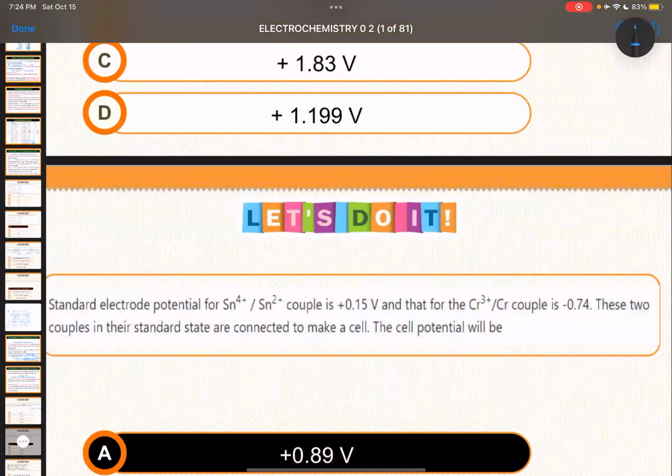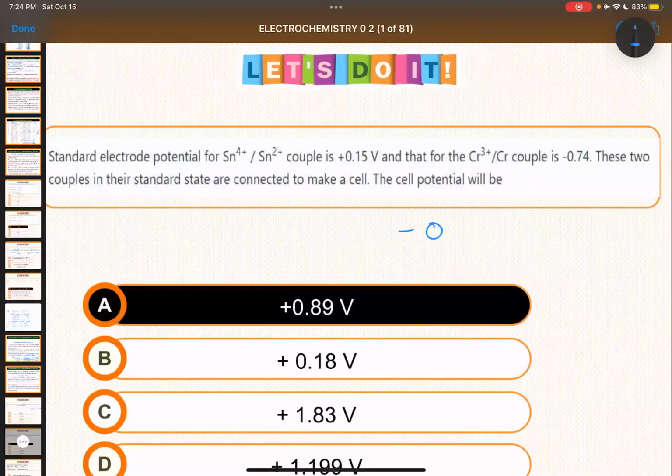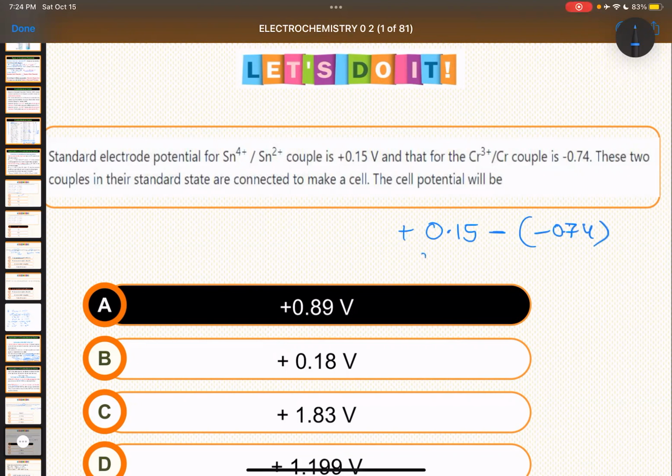What mistake did you make? You need to take care of the sign also. Yes. So minus minus plus, plus 0.74. So 0.89.